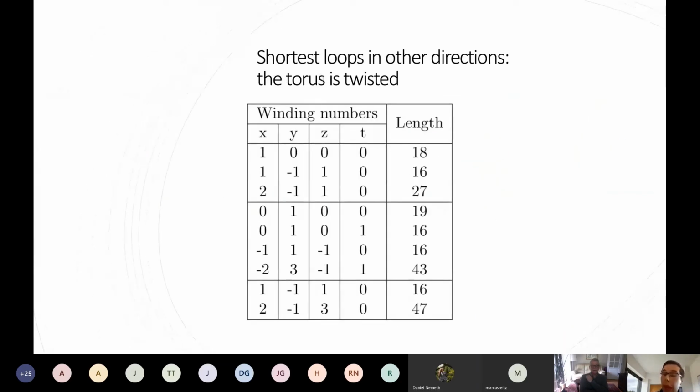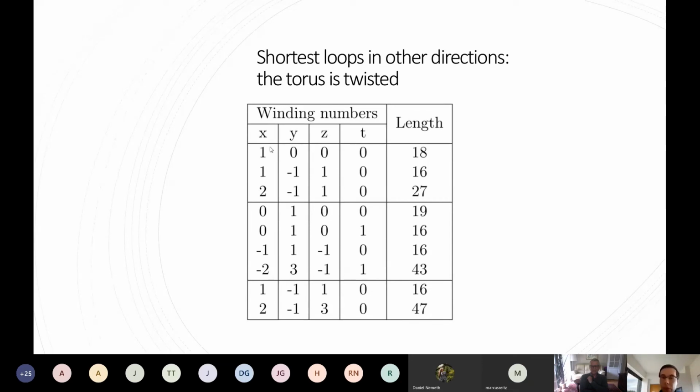However, if we do the same, but searching not for loops of winding number n,0,0,0, but with winding numbers n,a,b,c, where a, b, c are numbers that we don't care about, we care only about n, then it turns out that we find even shorter loops, even shorter than the shortest loops in the elementary directions.